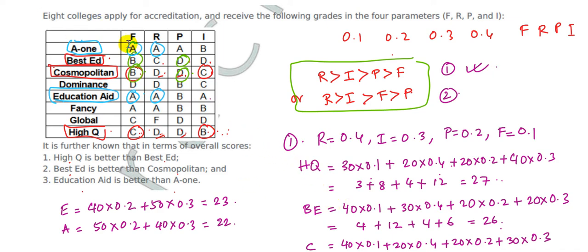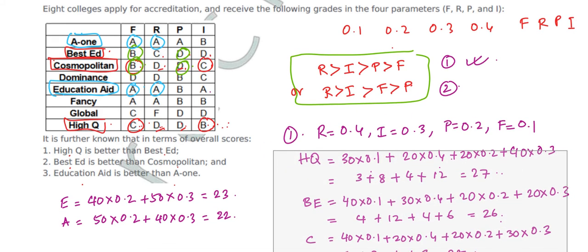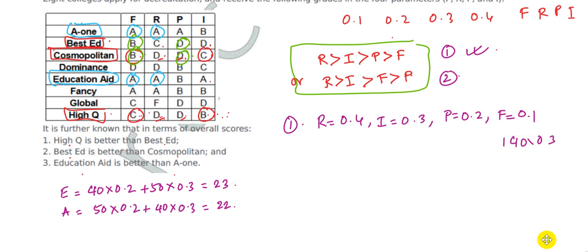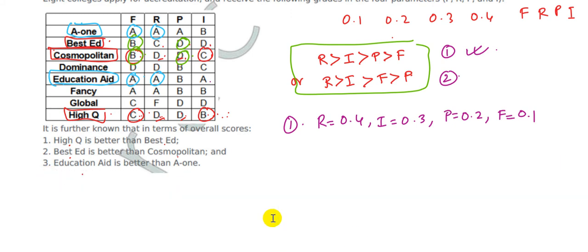So that means this is what we get. R is 0.4, I is 0.3, P is 0.2, and F is 0.1. Now you have to make the full table to get the scores for each one of them.